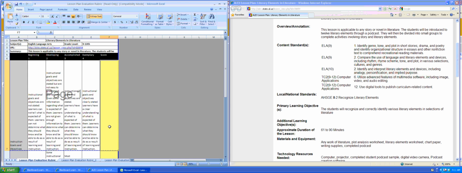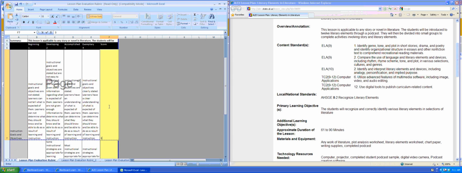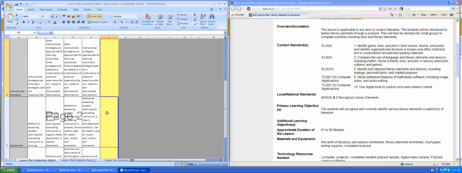So for me, I might enter a score of a 3, saying that that instructional objective is accomplished. Next, I scroll down to the next category, which is instructional strategies, and I do the same thing. Instructional strategies are missing or strategies used are inappropriate.